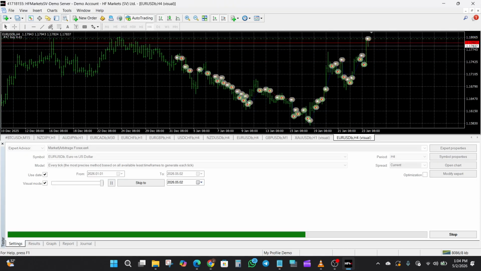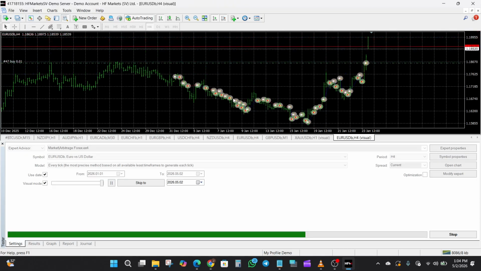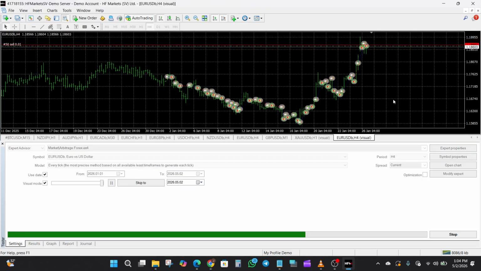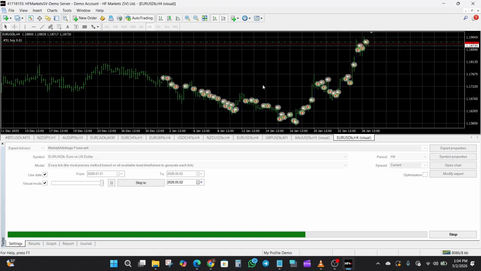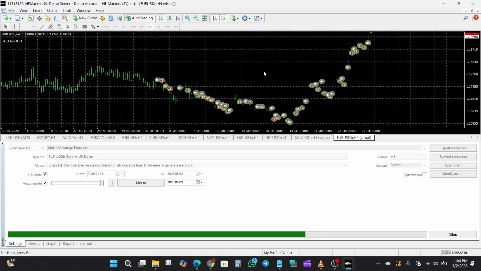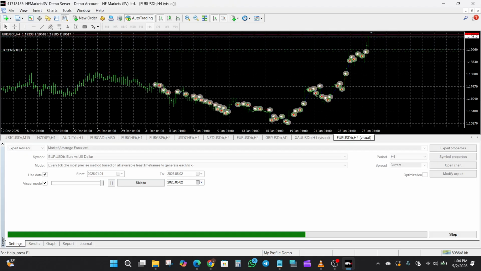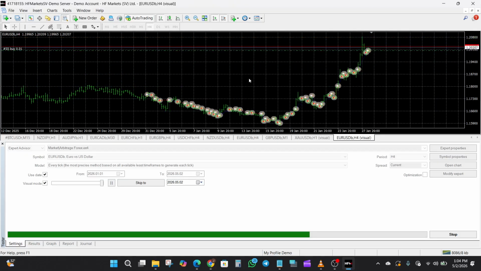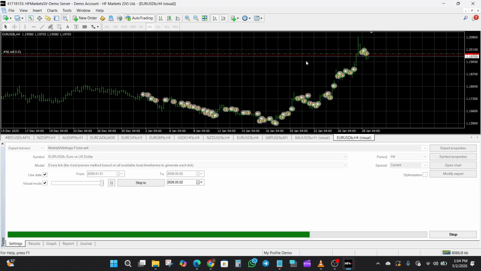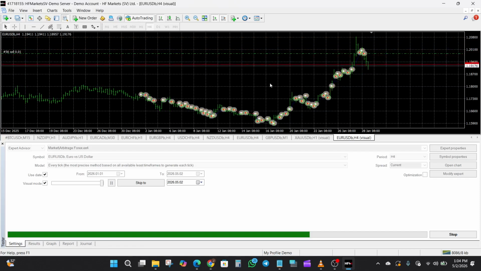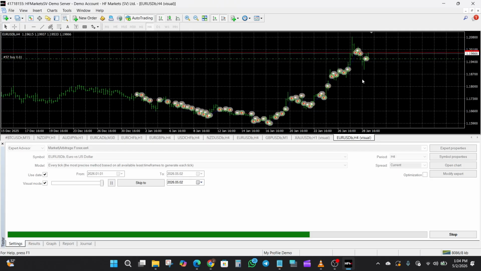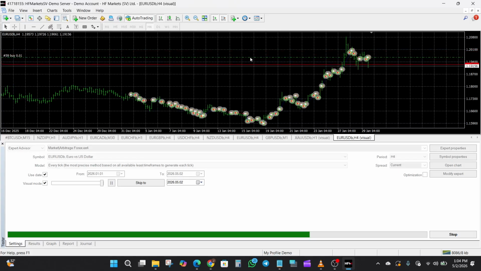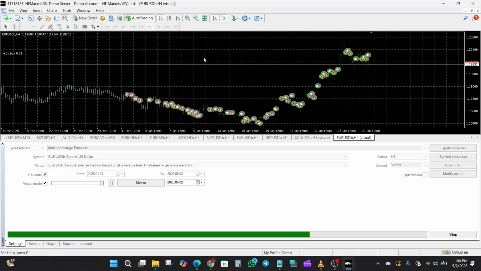Because the EA is holding positions, waiting for price relationships to shift, that's probably why the developer mentions that higher drawdown can correlate with higher potential gains. Now we have been running this backtest for a few minutes now, and we can see that this is basically what it's doing: buy, sell, buy, sell, almost around the same price zones.